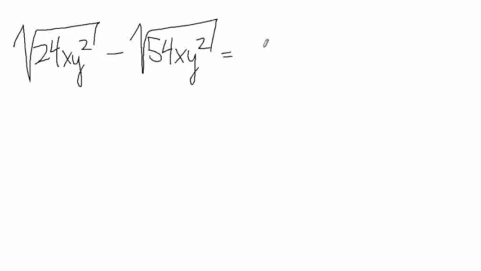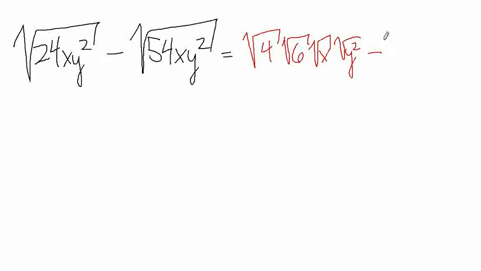I'm going to replace the first radical by the square root of 4 times the square root of 6 times the square root of x times the square root of y squared. I'm going to replace the second radical by the square root of 9 times the square root of 6 times the square root of x times the square root of y squared.